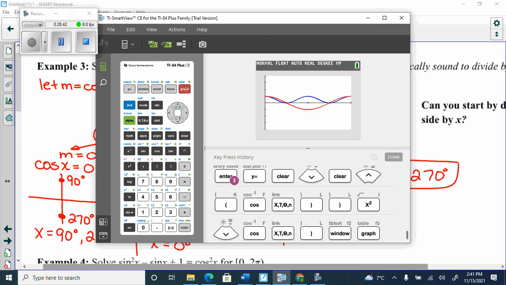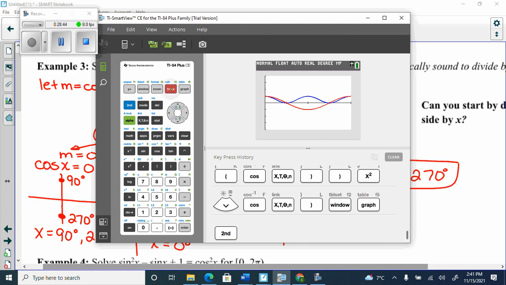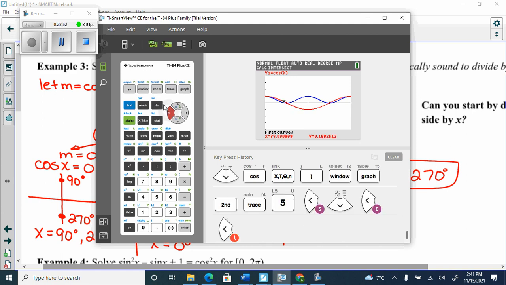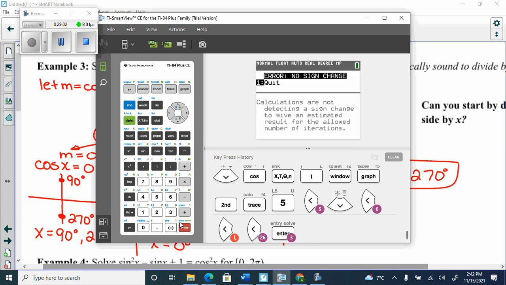So I'm going to go second, trace, 5, and I hope at 0 that these are crossing. I hate this calculator. It takes too long... Oh, it's speeding up. Okay. Enter, enter, enter. Why is there no sign change?